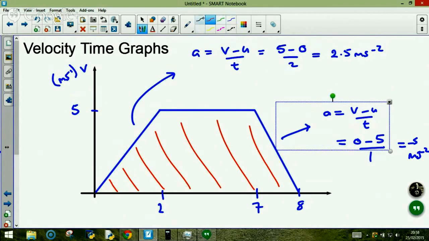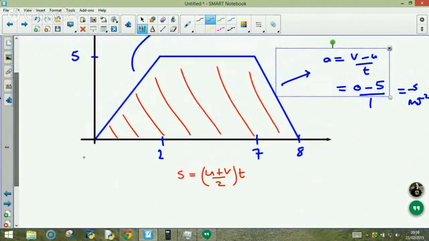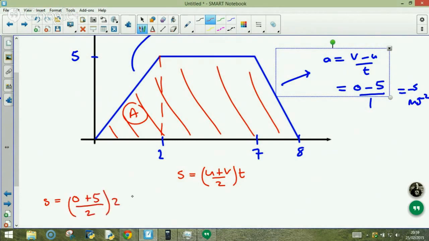And if you recall earlier, we had this equation, S equals U plus V over 2 times T. So if you look at that for each section, let's call it section A, we've got S equals, well, U is 0, that's 5 over 2 times by 2.